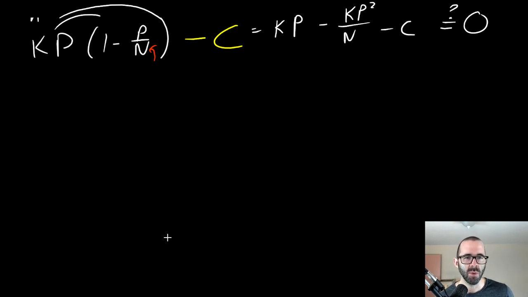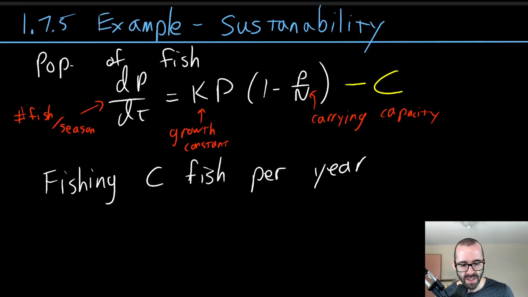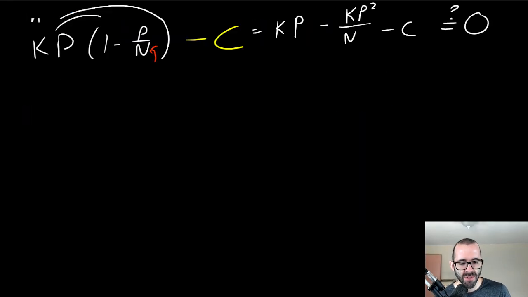Well, what are we solving for? We're solving for when this is equal to 0. Specifically, what value of c is going to make this equal to 0? And we need to do 2 things. It's not just by finding when it's equal to 0, that's an equilibrium, but also when its derivative equals 0.